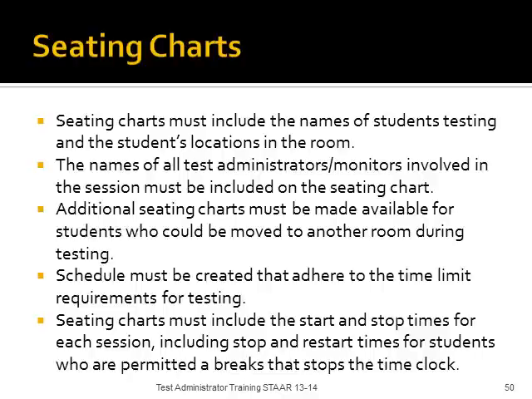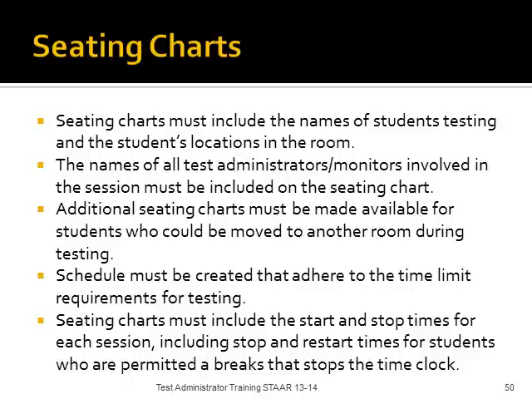Seating charts are extremely important because these need to be turned in with every test session. It needs to include the name of students testing and the location of the room. All test administrator names and monitors involved in the test session need to be included on the seating chart. If students are moved to another room, a seating chart for that new location needs to be created.